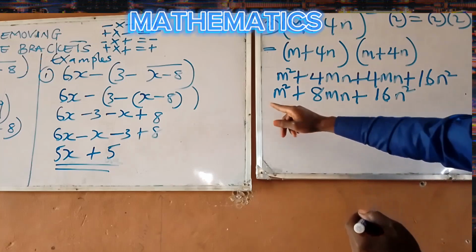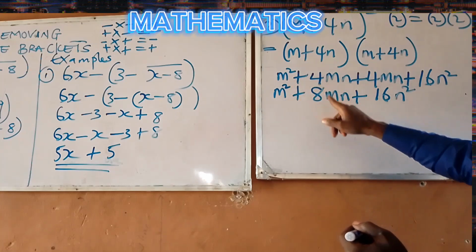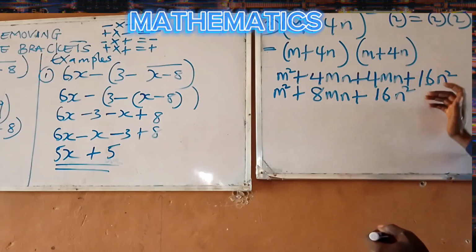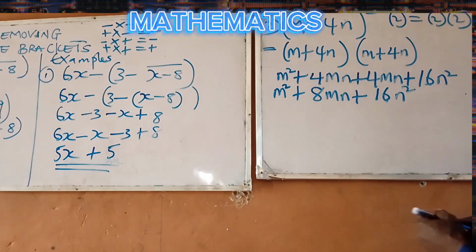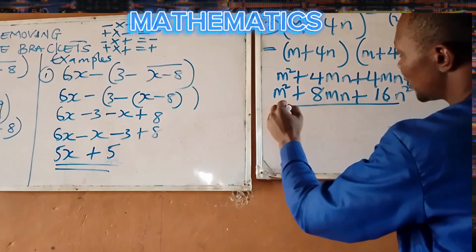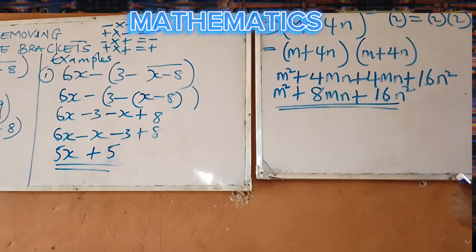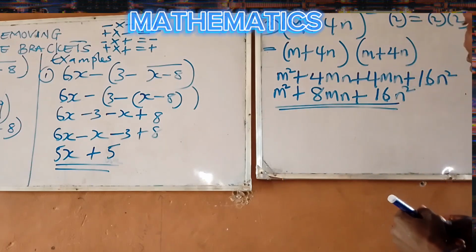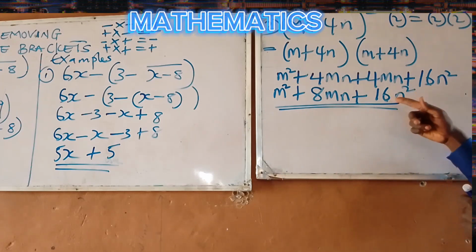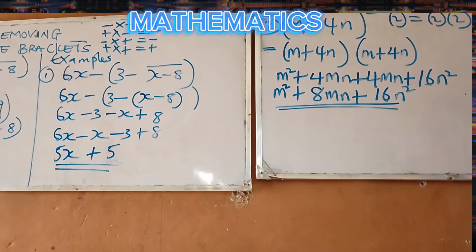So m squared plus 8mn plus 16n squared are not in like terms, so I cannot add them together. Therefore, my final answer is going to be m squared plus 8mn plus 16n squared.